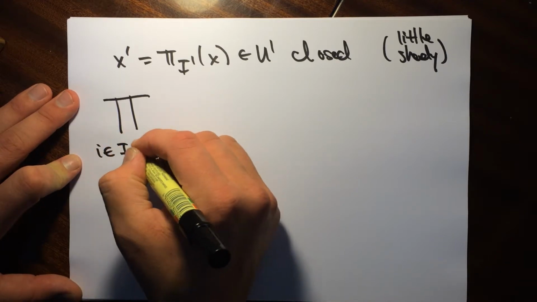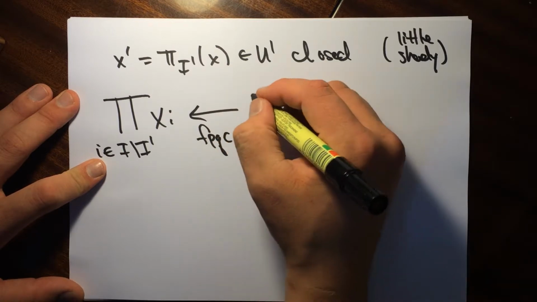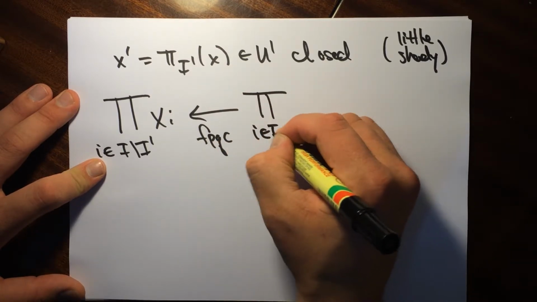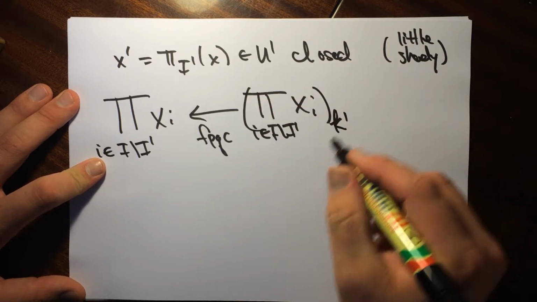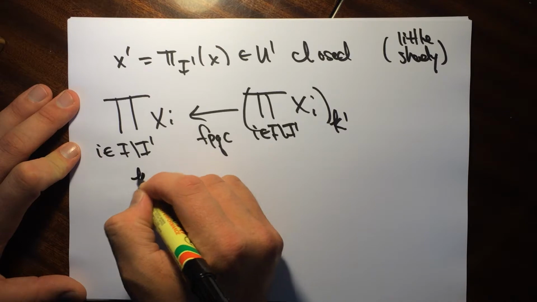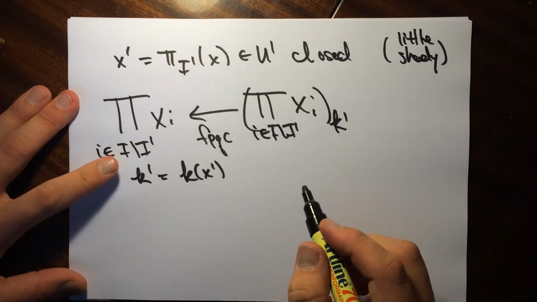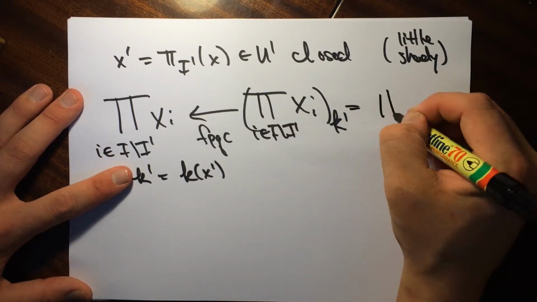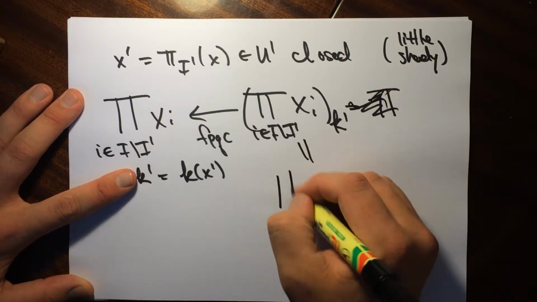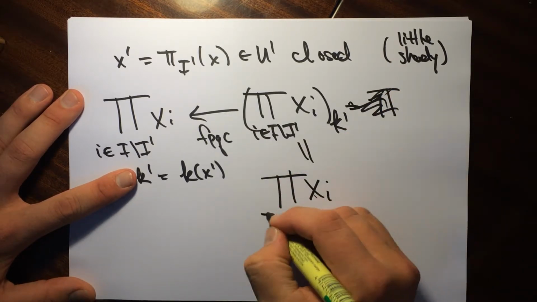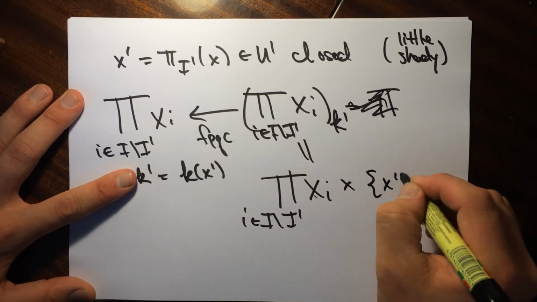So we have this product here, and we have a certain FPQC covering, which is given by these guys, where I base change to K prime, where K prime is equal to the residue field of this X prime, and X prime is this point here. This thing is this product of these xi's for I away from I prime with this X prime here.